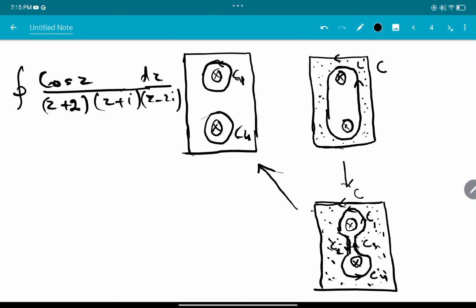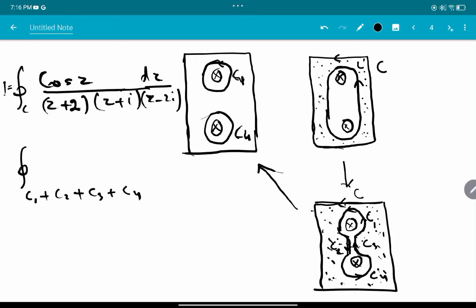This integral, if I write I for it, then this total path C can be deformed, replaced by this path. I have the integral along C1, C2, C3 and C4. These are four parts of this path.